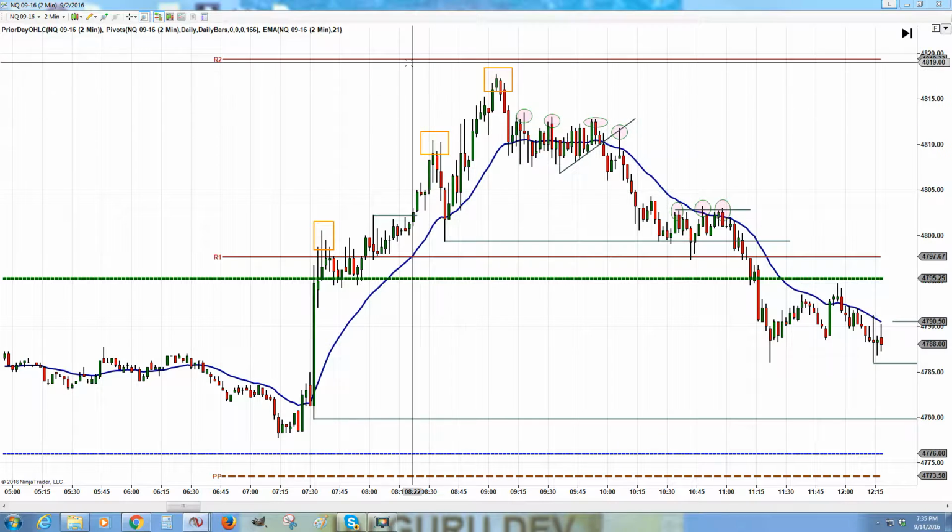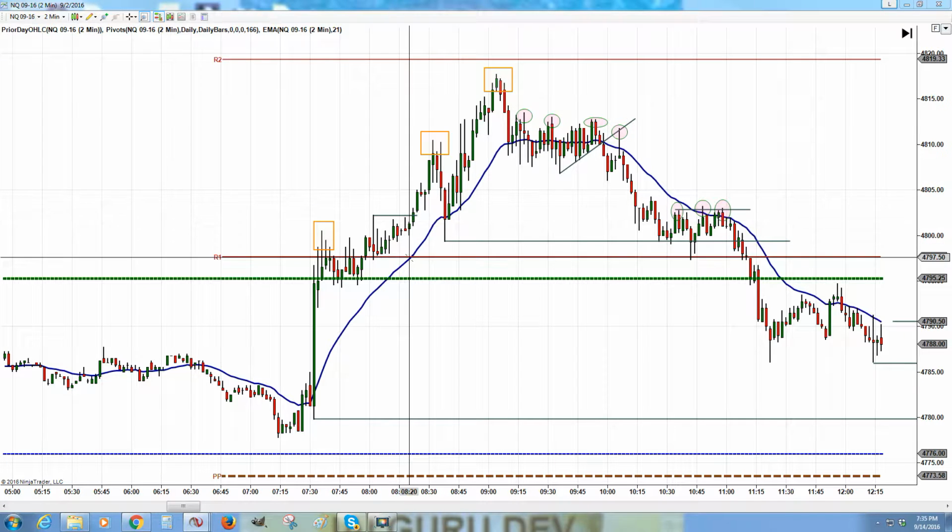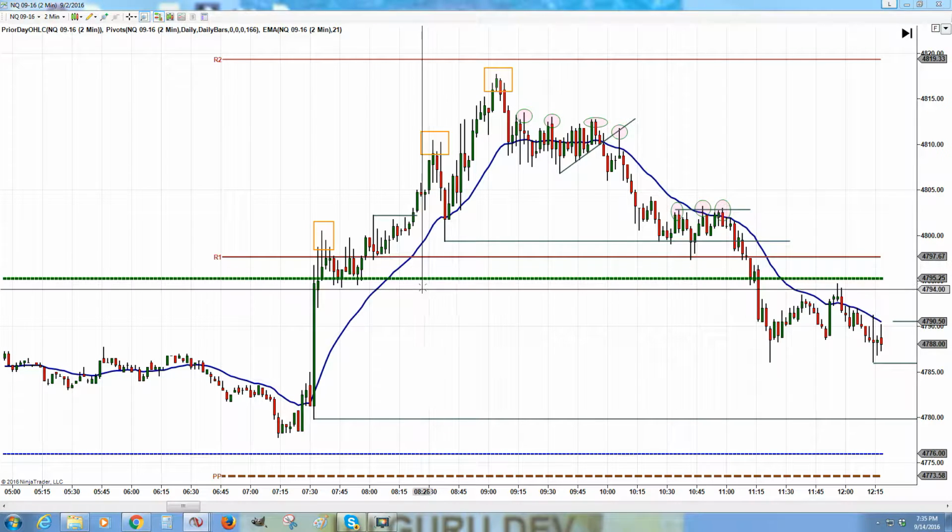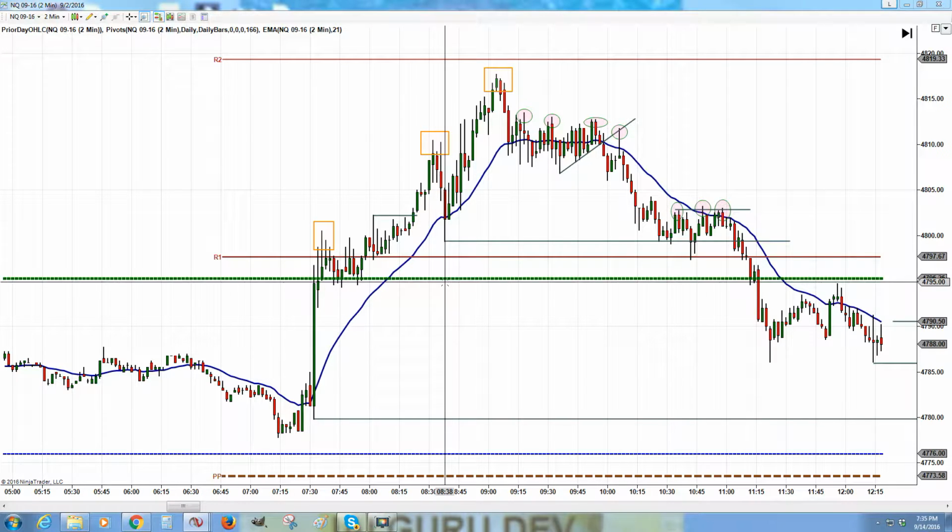And now I've added the very commonly used levels that almost anybody who trades support and resistance and levels looks at: the previous day's high and low, and either today's open or yesterday's close.